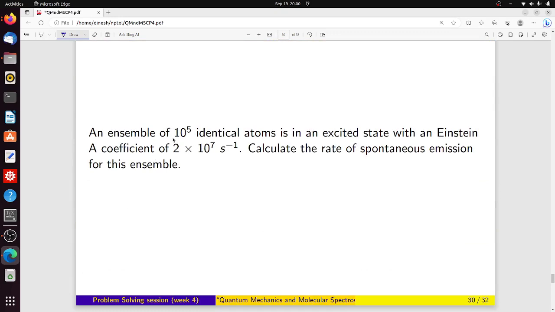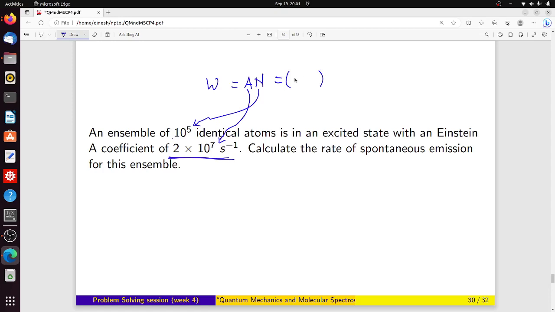An ensemble of 10 to the power 5 identical atoms in an excited state, with Einstein coefficient A whose value is given. Calculate the rate of spontaneous emission. So this spontaneous emission rate is equal to A times N, right? N is given, A is also given, and then you just multiply.